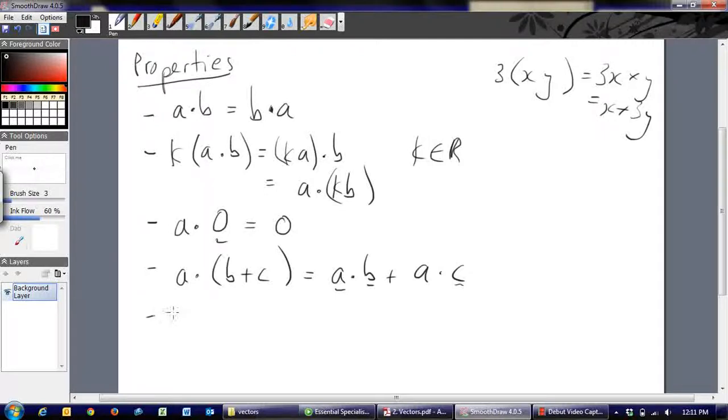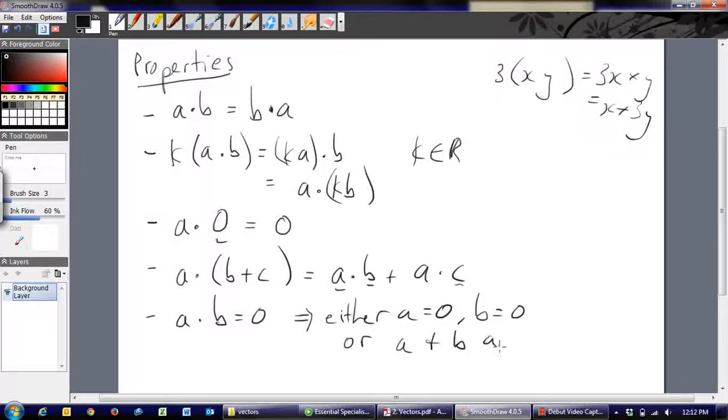Also, a really important result is this, and this is probably the most important result. If you have that A dot B is equal to 0, what this tells you is that either A is equal to 0, B is equal to 0, or, most importantly, if neither A nor B is equal to 0, that means that cosine of theta must be equal to 0, which means that A and B are perpendicular.